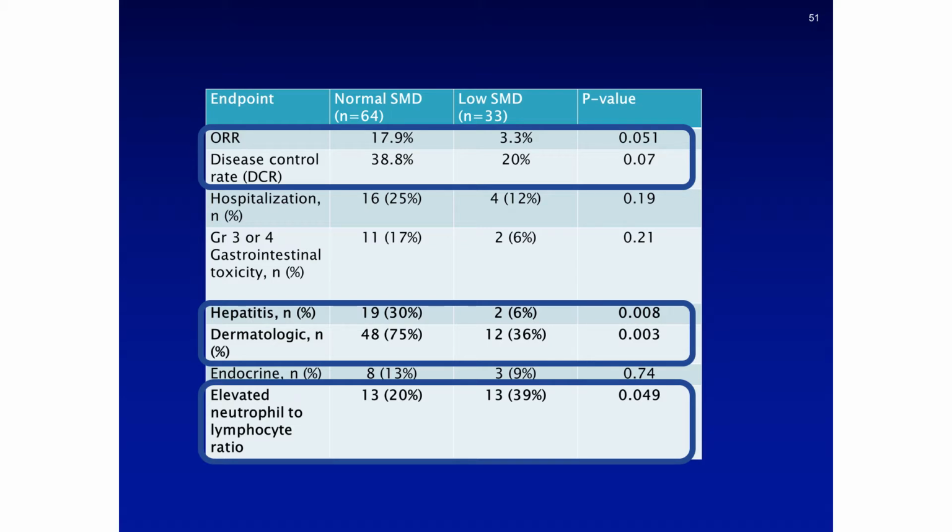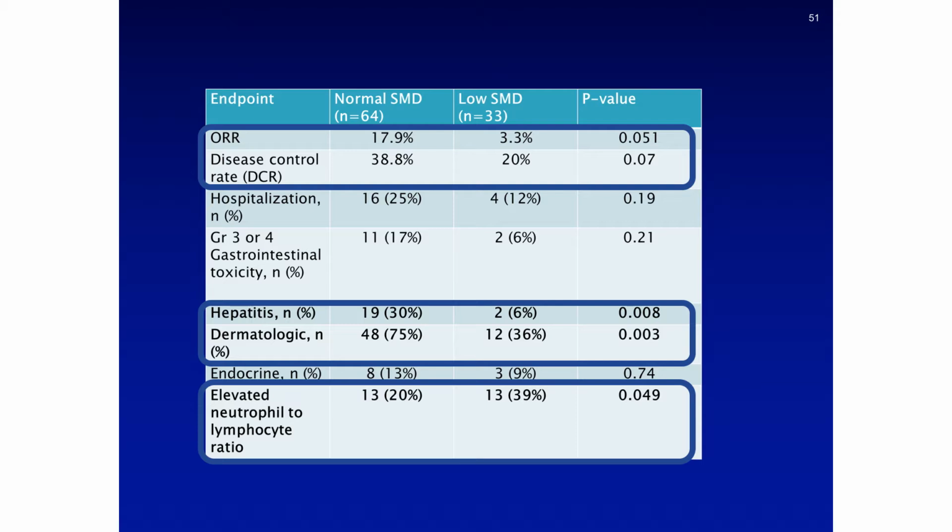And normal SMD predicted a lot of things, and they actually all line up. Many of us who deal with these agents believe, unfortunately, you get nothing for free, even from these things.